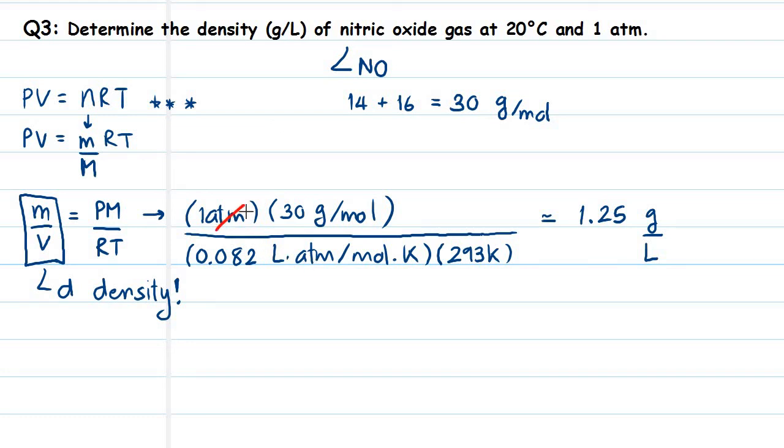Alright, so we can try atm crossing out atm, mole crossing out mole, Kelvin crossing out Kelvin, so we are left with gram per liter, so we are correct. So that is the answer, 1.25 gram per liter. Alright, I think we are good now.